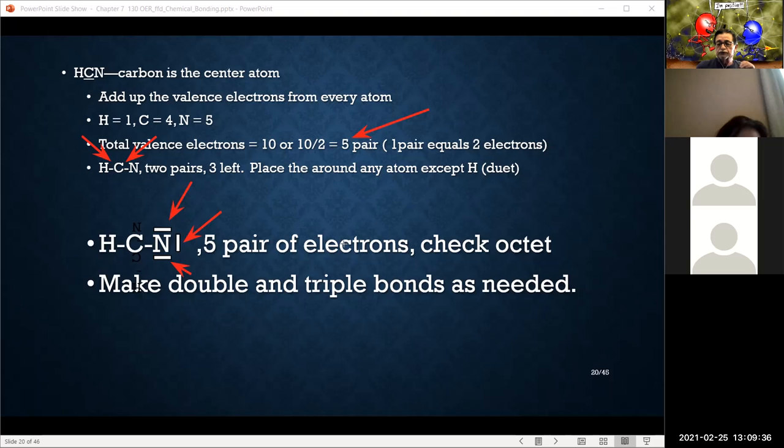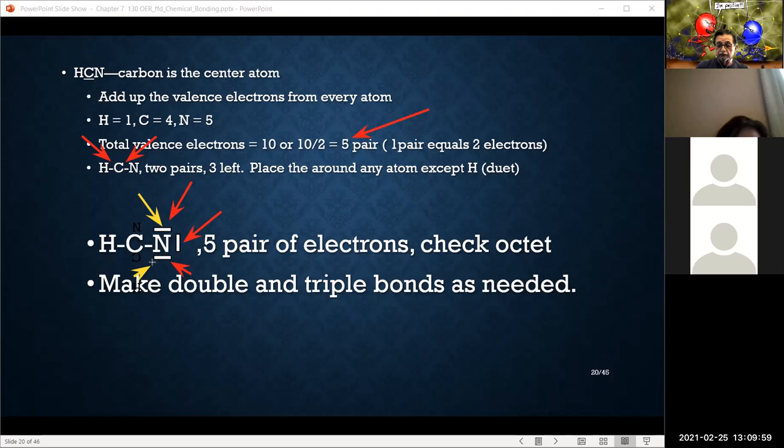So this is where you start borrowing, if you will, from Peter to give to Paul. Okay, when we start creating double bonds, you can see if I take, let me change this color a little bit. If I take that pair right there and I create a double bond, that's still going to put 6 electrons around carbon.